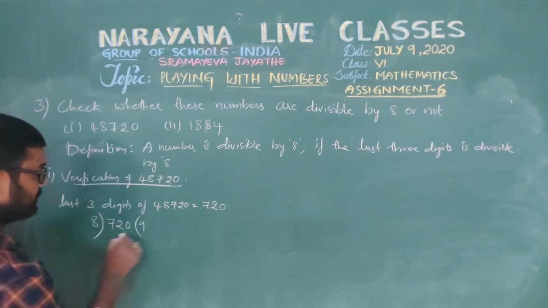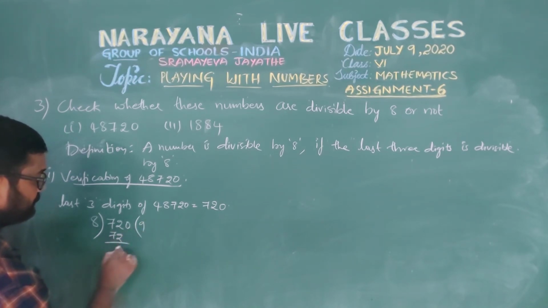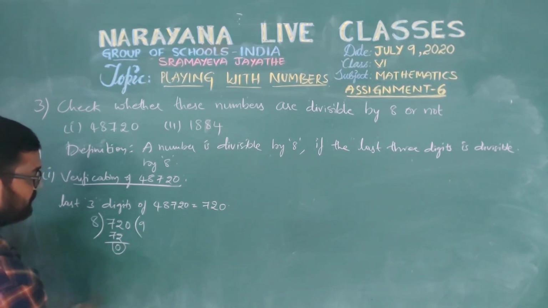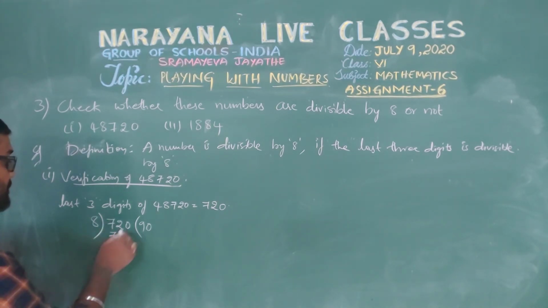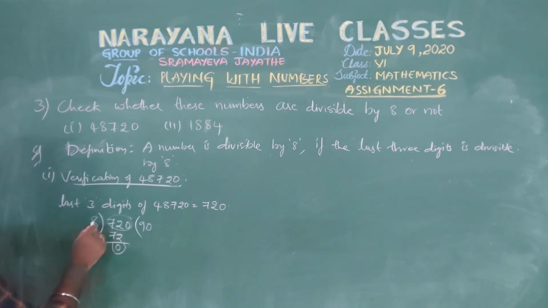So 8 9s are 72. So 0 is the remainder. So here also 0. So we can say that 720 is exactly divisible by 8.